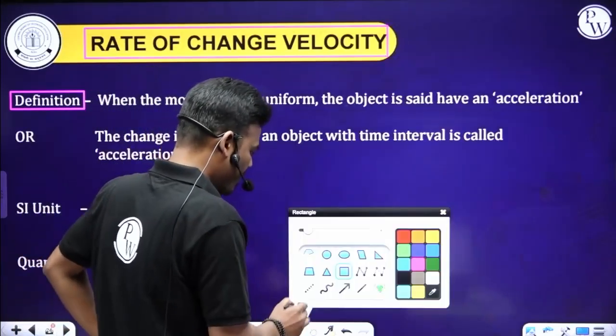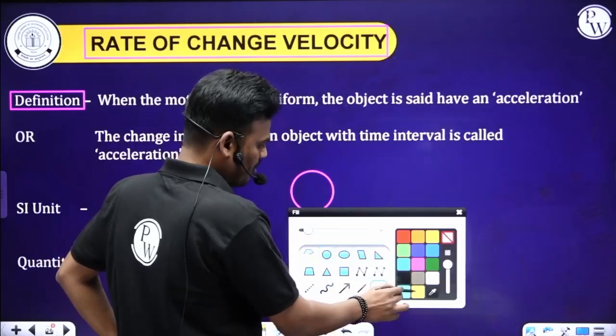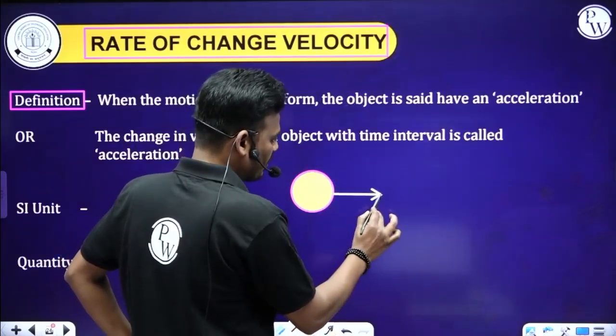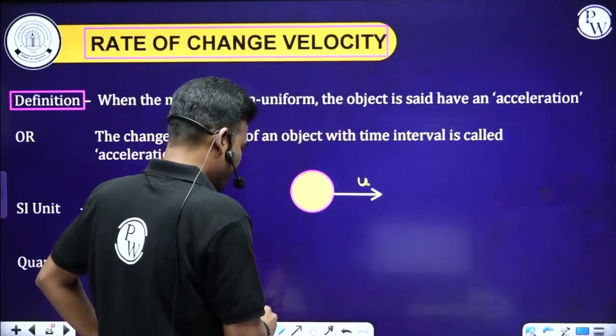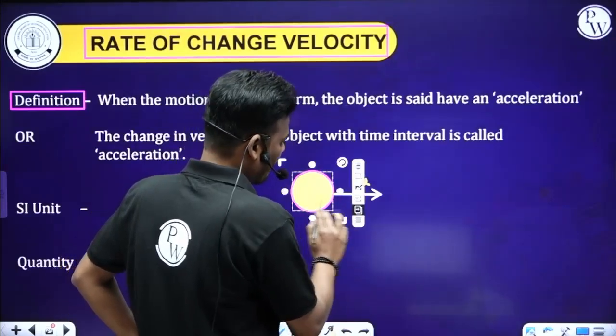What does that mean? Let's consider one body moving with initial velocity u.